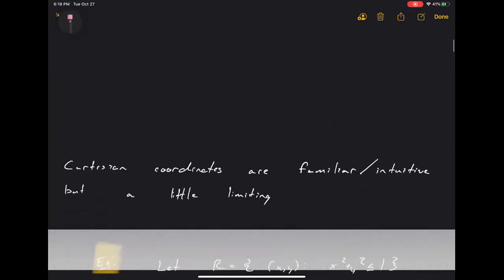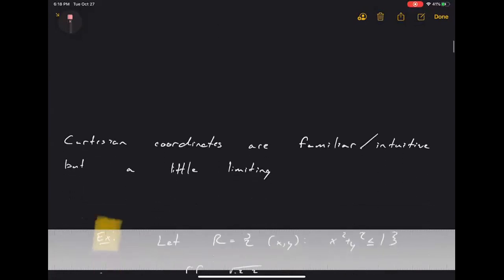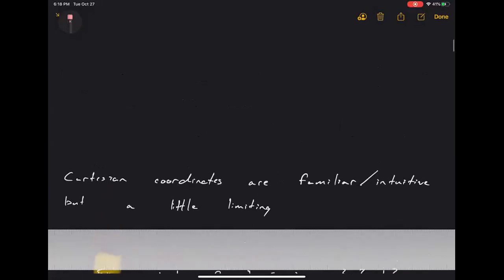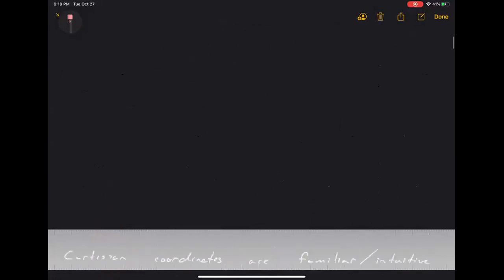Now you might be wondering, okay, well, why do we care? Well, stuff with this type of symmetry pops up a lot in the physical sciences, engineering, physics, things like that. You might have heard of partial differential equations, PDEs.